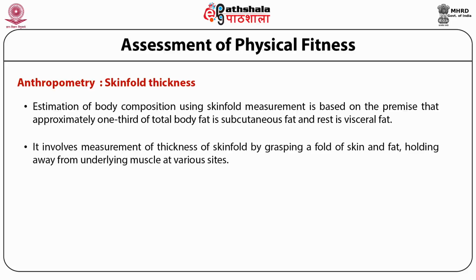It involves the measurement of the thickness of the skin fold by holding a fold of skin and fat just away from the underlying muscles at various sites in the body, for instance at biceps, at triceps, at subscapular region or suprailiac region or abdominal region or the calf region.